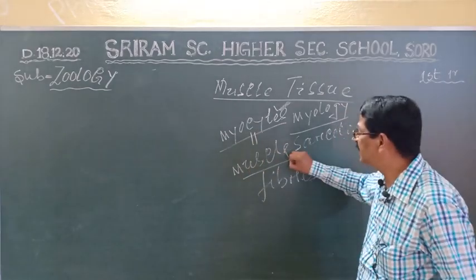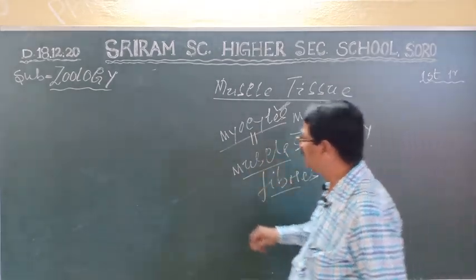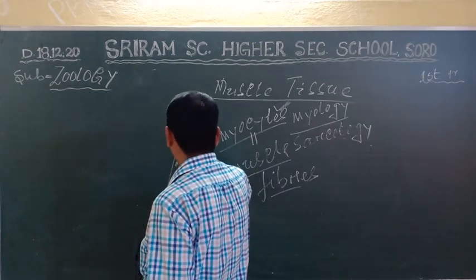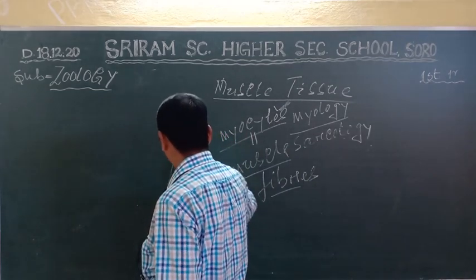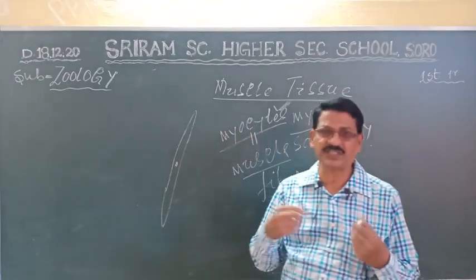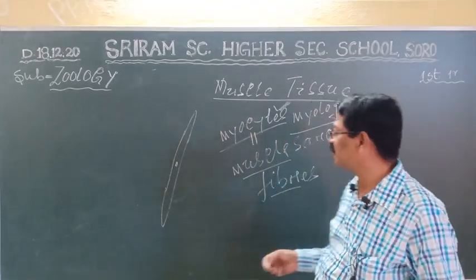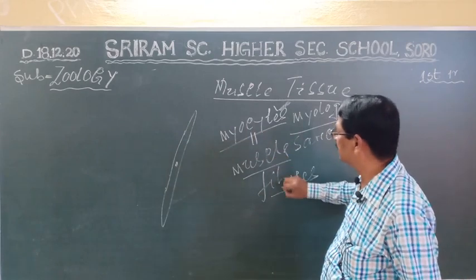Why are these called muscle fibers? Because the muscle cells are elongated in shape, slender and elongated. For that reason, they are otherwise called muscle fibers.